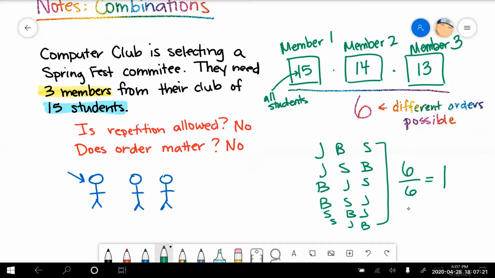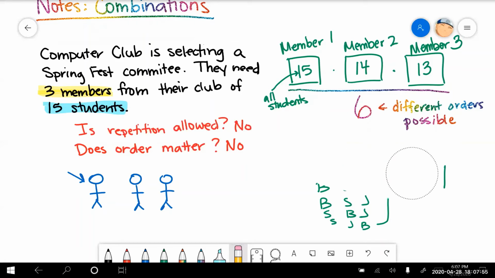And that one possible committee has those 3 people in whatever order their name pops out of the hat. We don't really care what order they're selected in. Again, same responsibilities, not like with the president, vice president question from the last video. So dividing by 6 is really important. It eliminates all the different order possibilities that we don't really care about. That way we don't have as many possible groupings coming out of this problem.